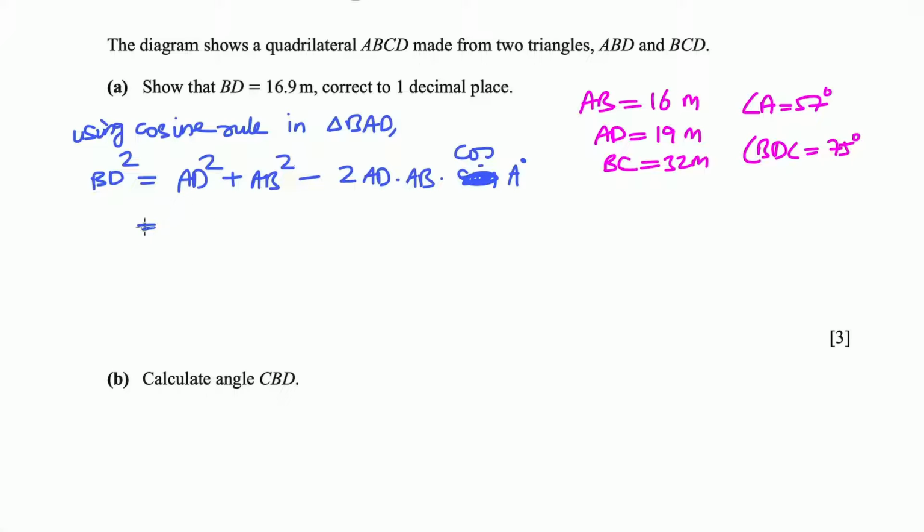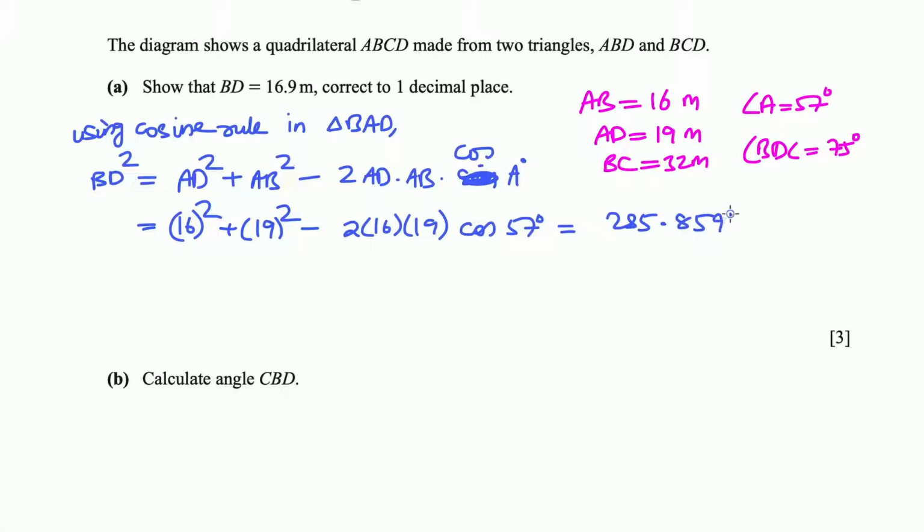Substituting the values, this will be equal to 16 square plus 19 square minus 2 into 16 into 19 into cos of 57 degrees. If I calculate the value, the total turns out to be 285.85946671 and so on.